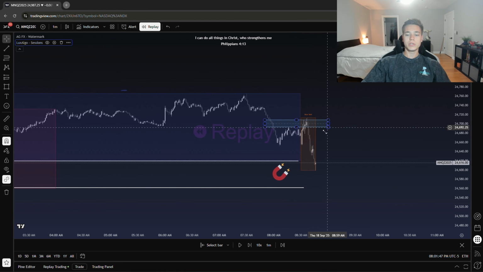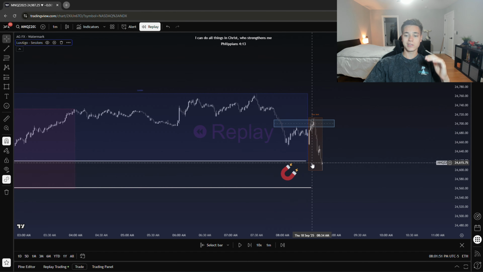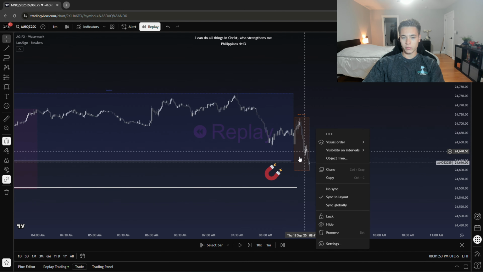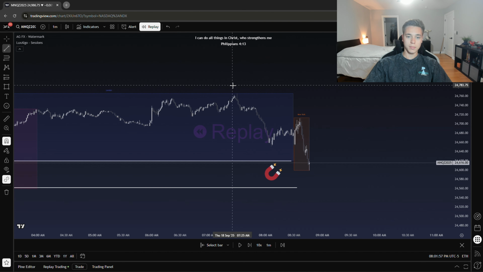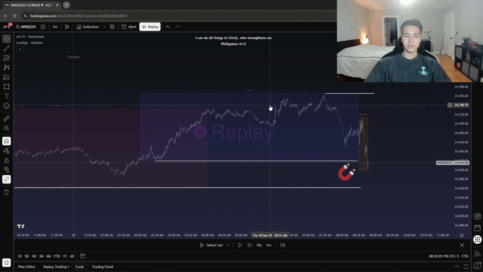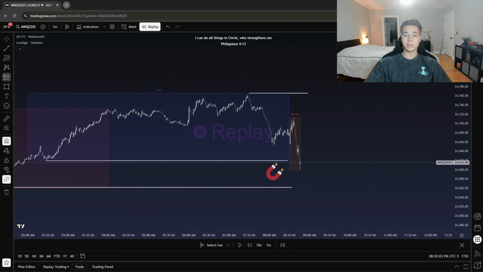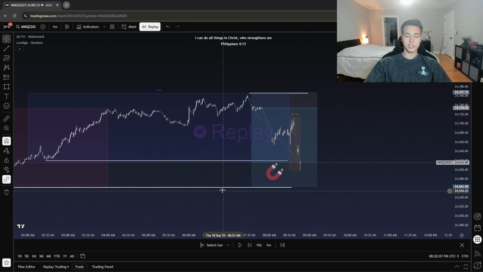So now, we swept that first draw on liquidity. That first draw on liquidity was that London session low. At this point right now, I'm targeting that London session high, because what we talked about was that main draw on liquidity. That's where all of that liquidity is sitting. Let's just say, for example, there's a London session trader and he wants to take shorts to Asia session lows.